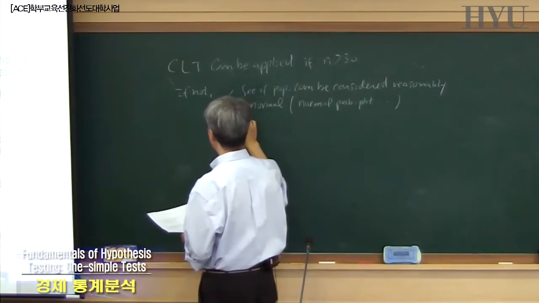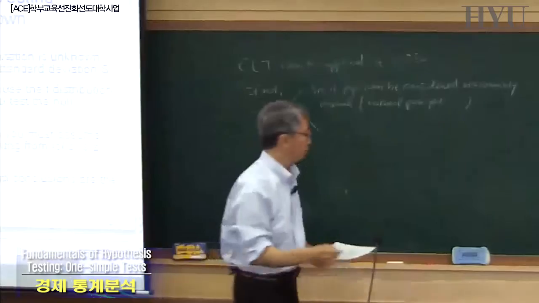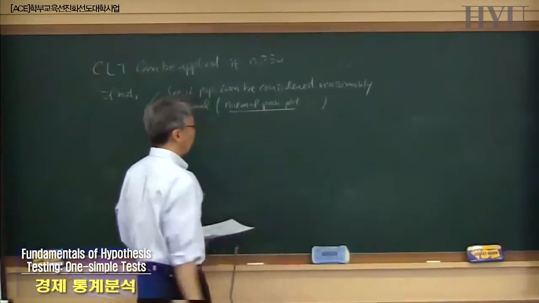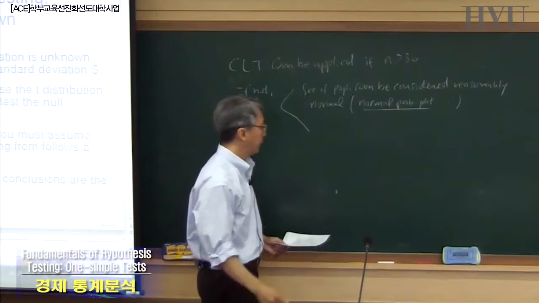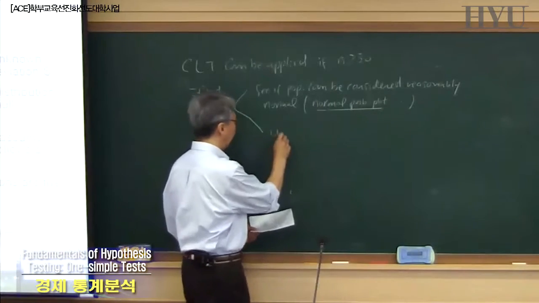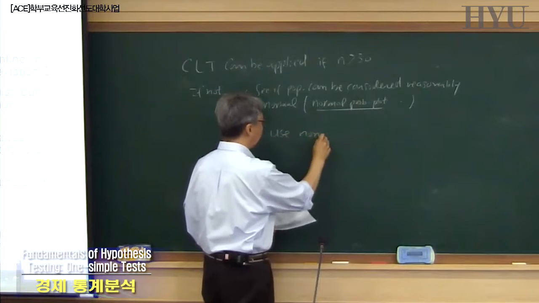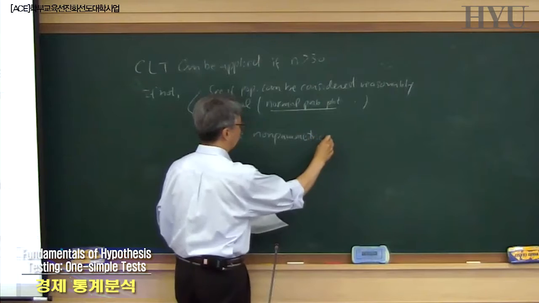So that's one thing you can do. If this test, the normal probability plot, turns out that you cannot assume that the population is normal, then you have to use some other method: a non-parametric test.